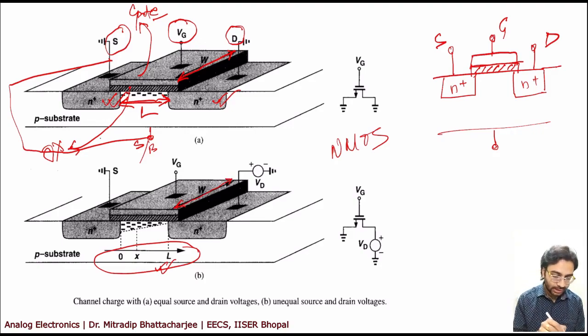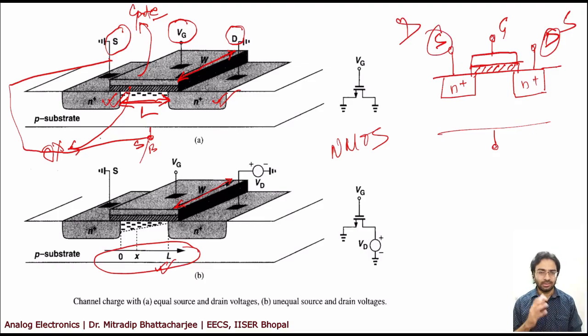So it's a symmetric device. If somebody uses drain as source and source as drain, that doesn't really matter because it is completely symmetric. You have N plus here, you have N plus here, right? However, in case of BJT, it was not the case. Your emitter was N plus, your collector was N. So you cannot use it in the reverse order, and if you do, I have already shown the consequence.